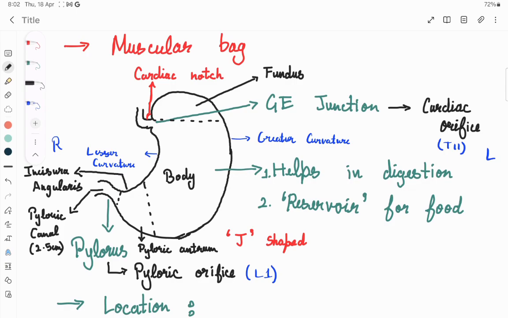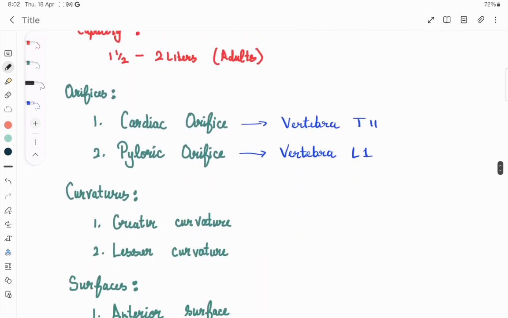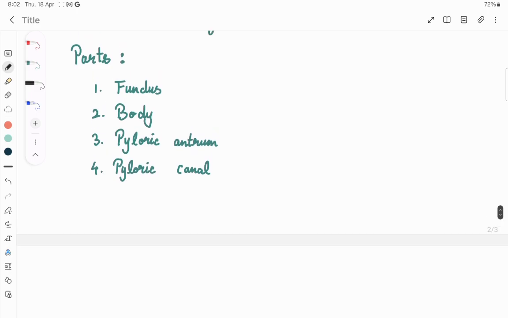The pyloric antrum is separated from the pyloric canal by an inconstant sulcus called the sulcus intermedius.